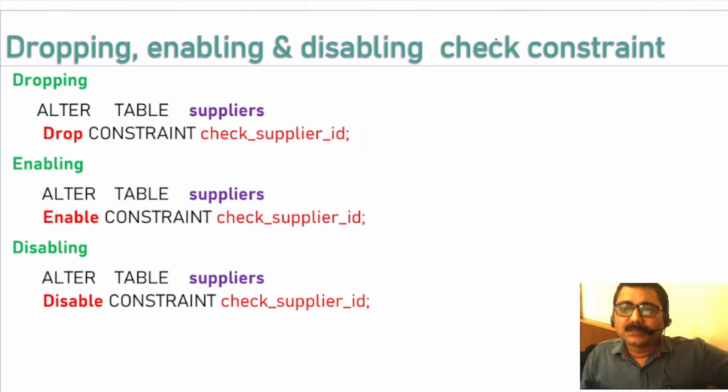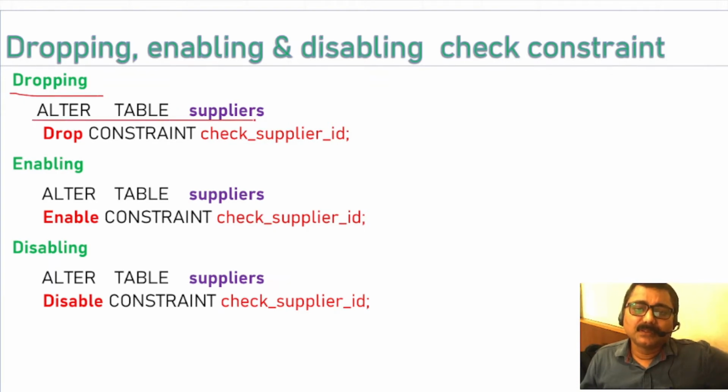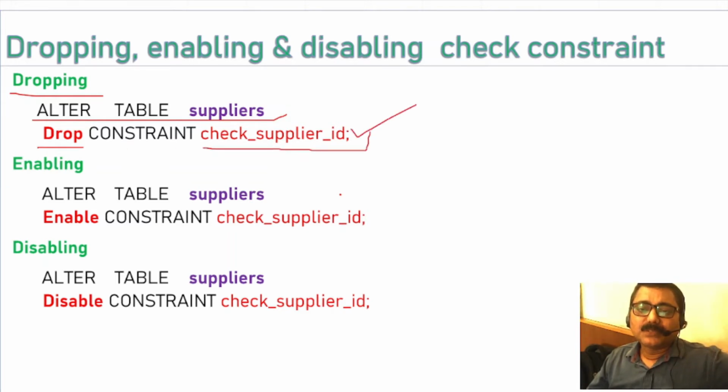Now these are some additional commands which can be used on check constraints. Let's see. Dropping: if you want to drop a constraint, it's very simple. Alter table, table name, drop, means we want to drop the constraint, and simply you need to write the name of the constraint. Similarly, you can enable it.